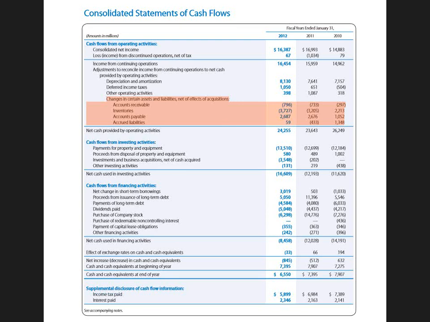This is the balance sheet. The cash flow only has AR, inventory, accounts payable, and accrued liabilities. What happened to prepaid expenses, and what happened to accrued taxes? That's something that you're going to find a lot. And that's a problem.